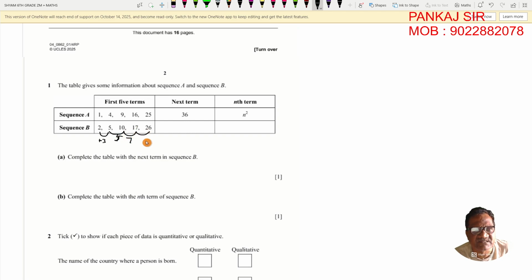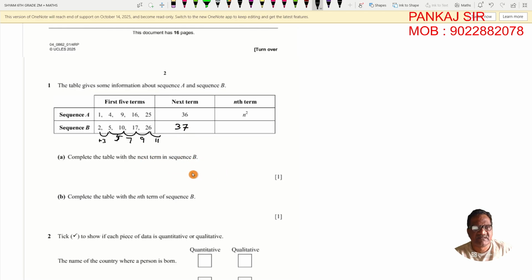And 17 plus 9 is 26. So you have to add 3, 5, 7, 9. The next should be to add 11. These are all odd numbers that you are adding: 3, 5, 7, 9, 11. When you add 11 to 26, you get 37. So that's how we get the answer for A. The next term in sequence B is 37.